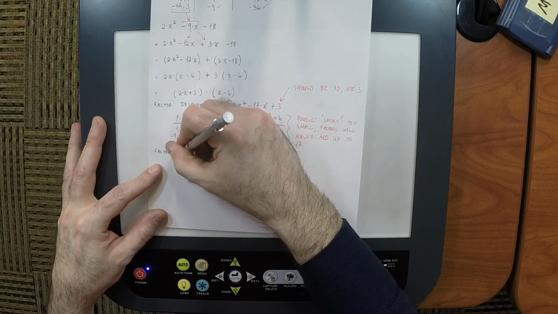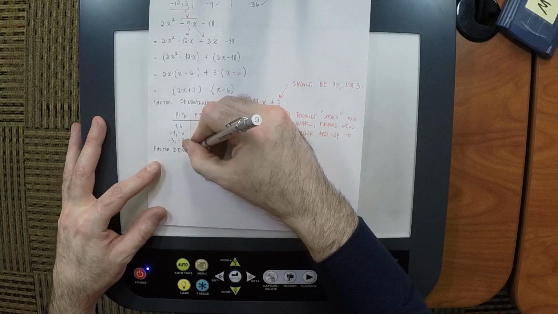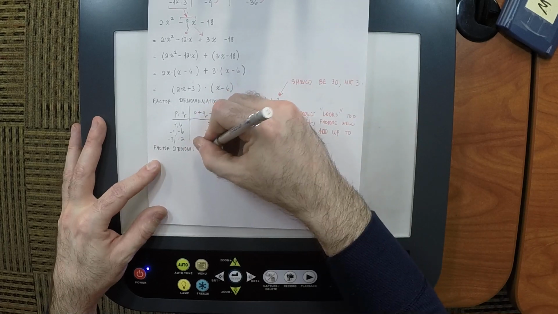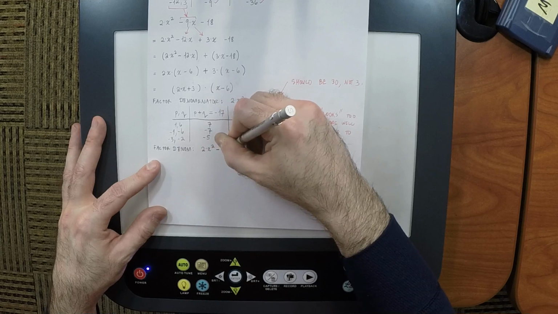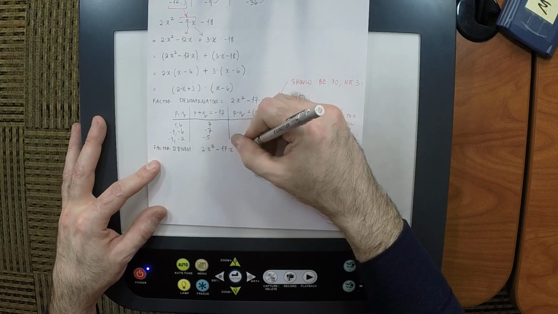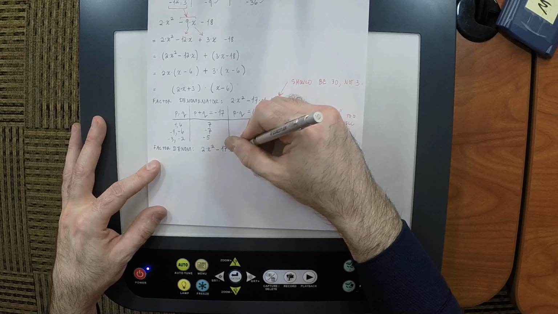Factor the denominator: 2x² minus 17x and then plus 30.